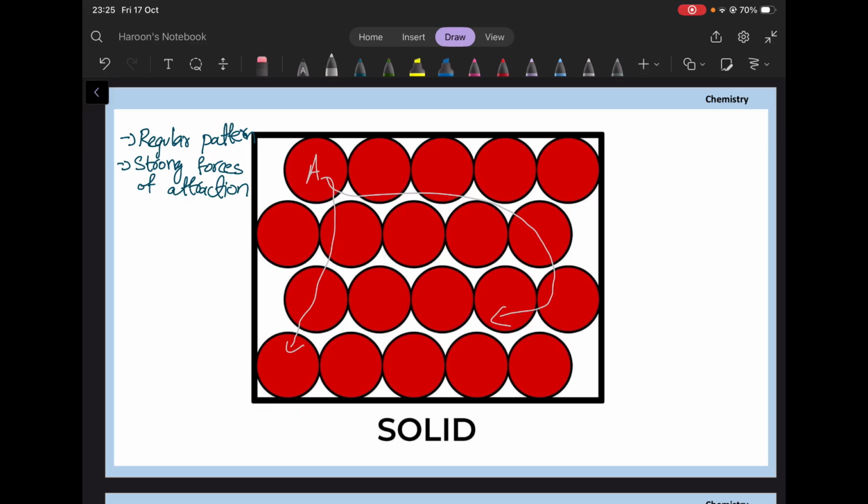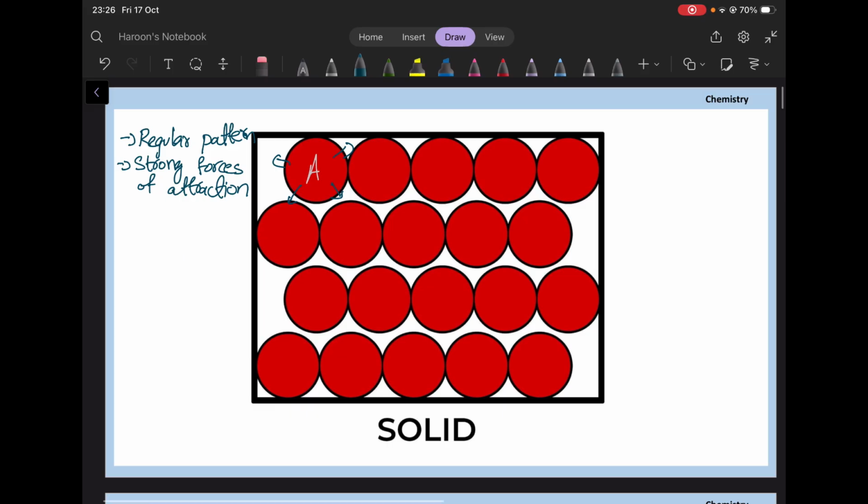They actually just vibrate about their fixed positions. So what this particle A would do is just vibrate. This would be true for all the particles in a solid. It can only vibrate in this direction or this direction, and it comes back to its original position. There would be only slight vibration, and no moving around inside the space.